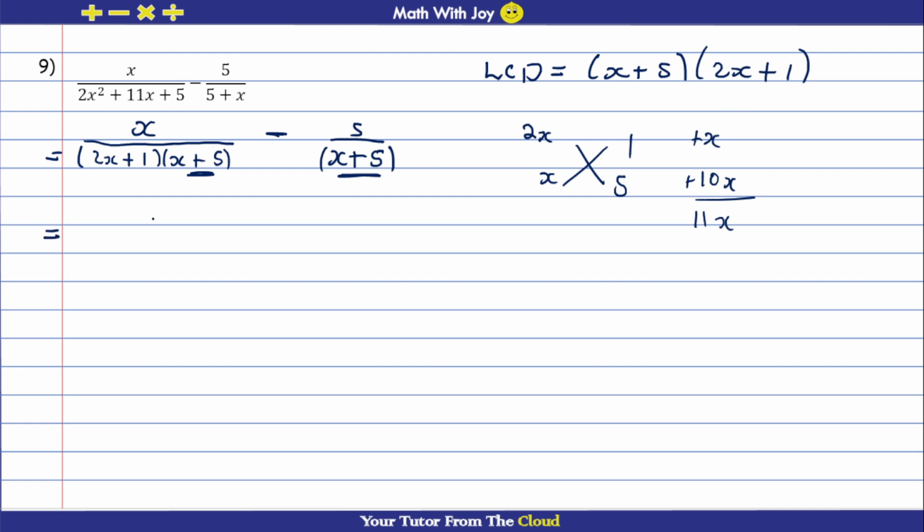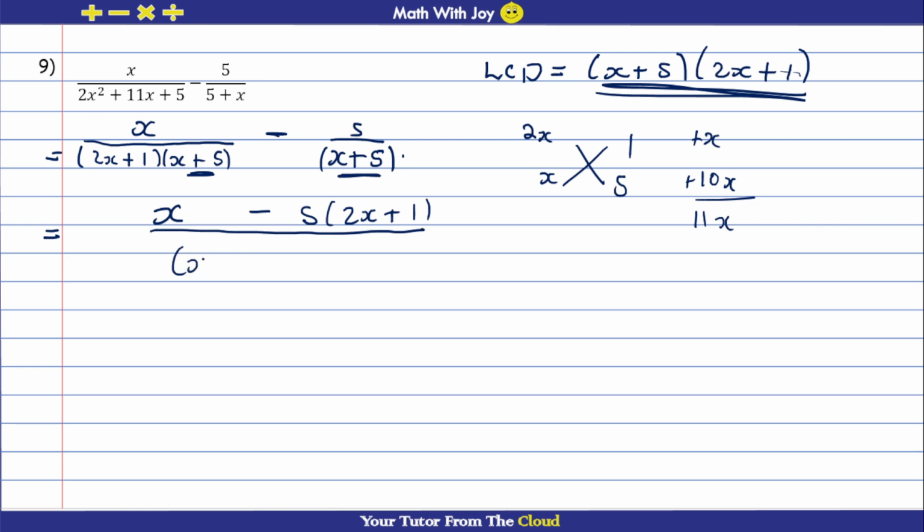So its numerator, I'm going to leave alone. Minus 5. But this term does not look like the LCD. This denominator does not look like this. It needs that bracket 2x plus 1. So I multiply its numerator by 2x plus 1. And I put that all over the LCD, which is x plus 5, 2x plus 1.